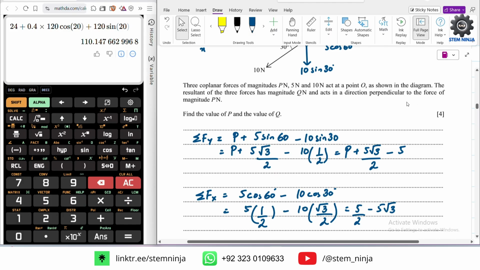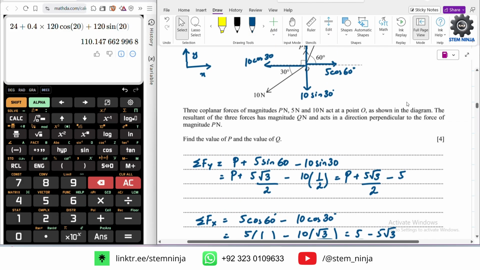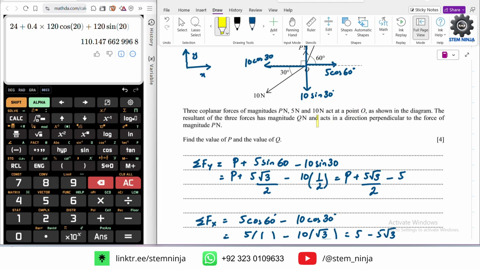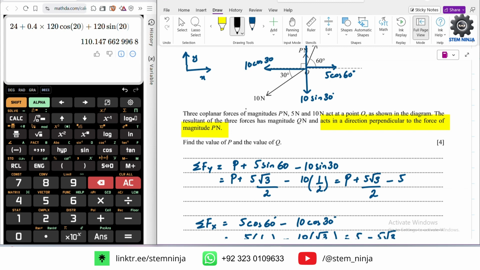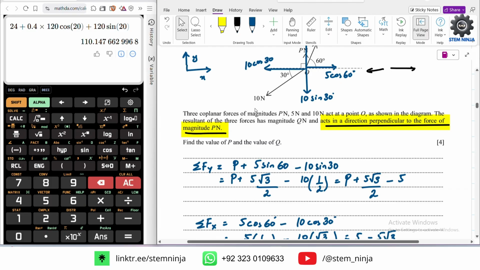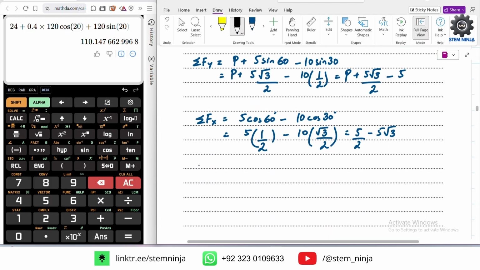Now the only clue that we have is that the resultant acts in a direction perpendicular to the force of magnitude P newtons. So that means there is no component perpendicular to P. If the resultant itself acts in a direction perpendicular to the force P, that means it's parallel to this direction. That means there is no resultant force in the y direction.